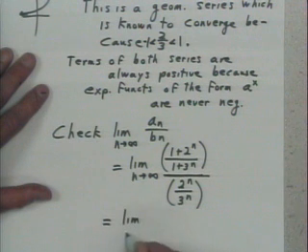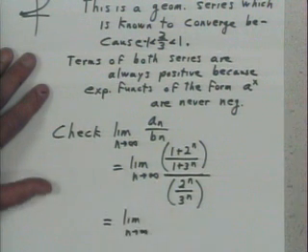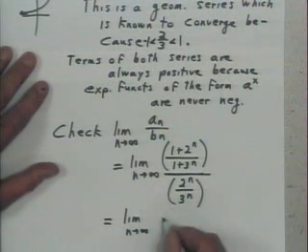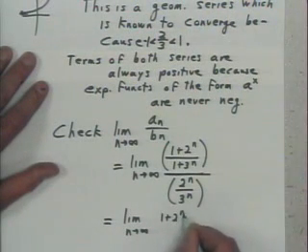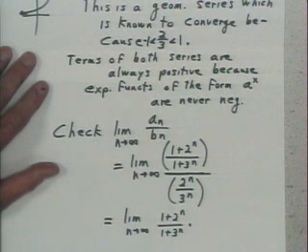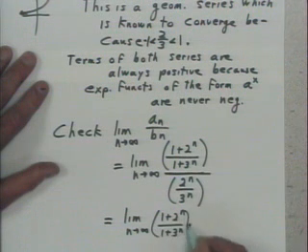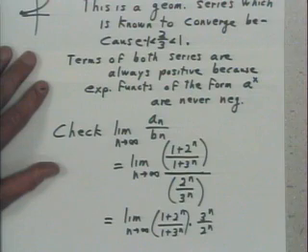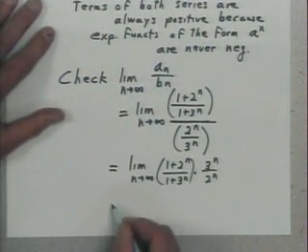This is the same as the limit as n approaches infinity of 1 plus 2 to the nth over 1 plus 3 to the nth times what? 3 to the nth over 2 to the nth. Invert and multiply.